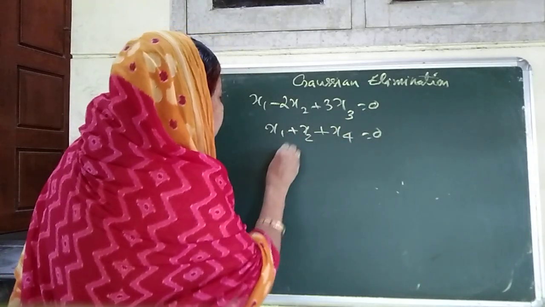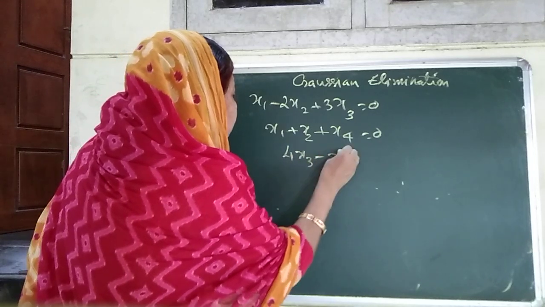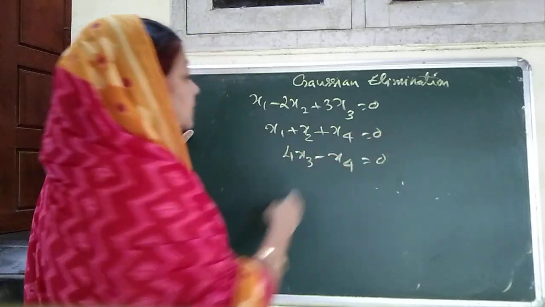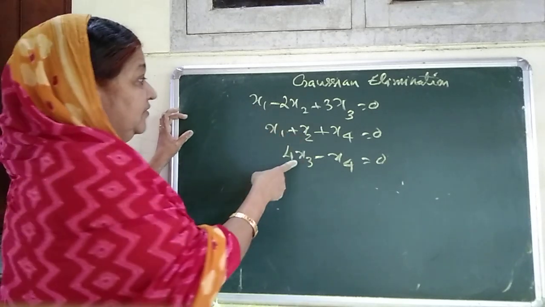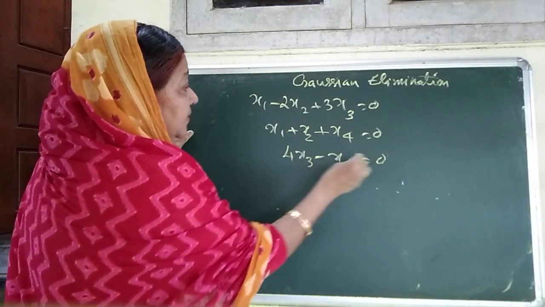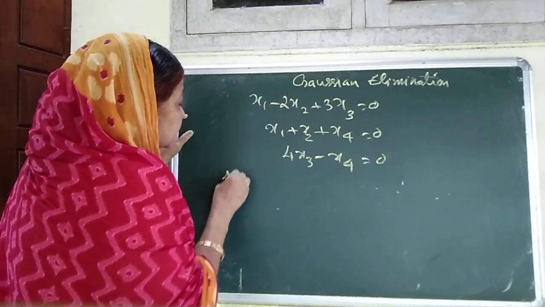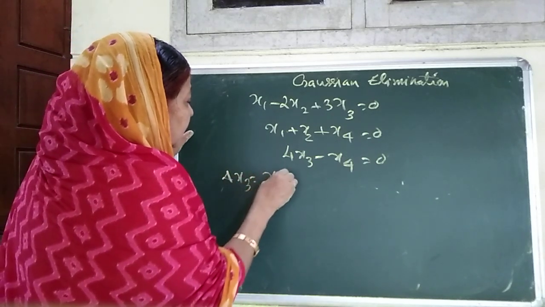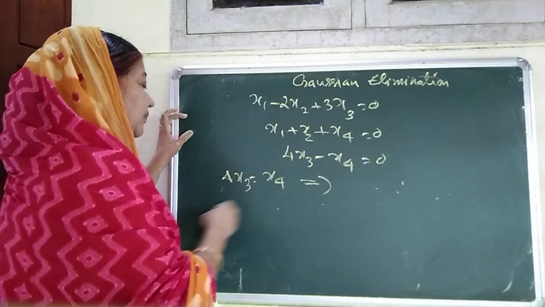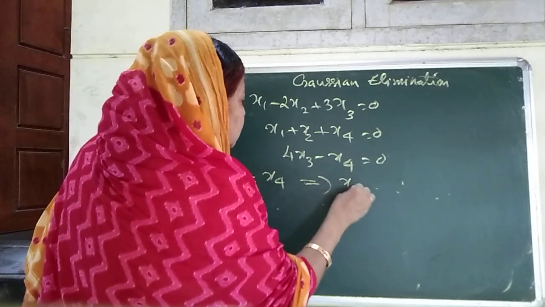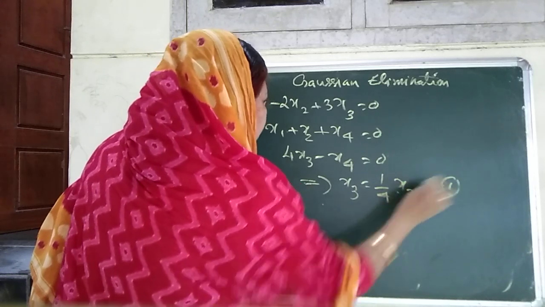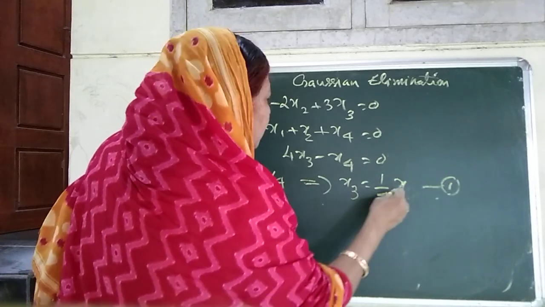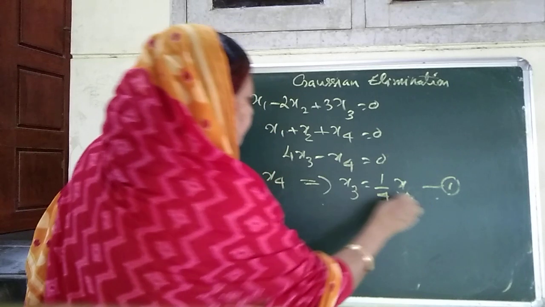And 4x3 minus x4 equal to 0. So here we can eliminate. First of all, from the third equation we know 4x3 equal to x4, or x3 equal to 1 by 4 into x4.